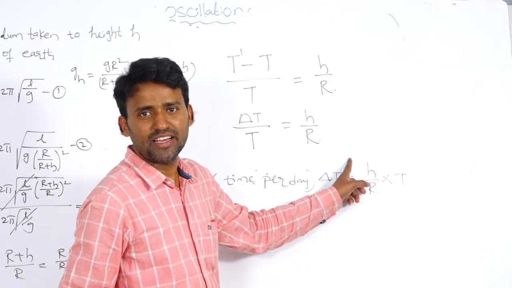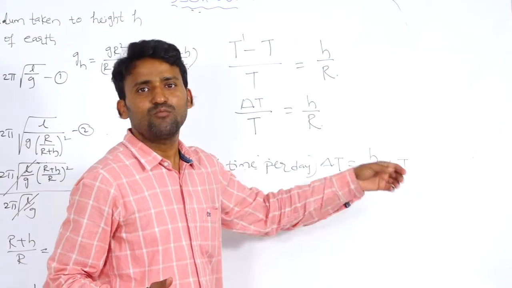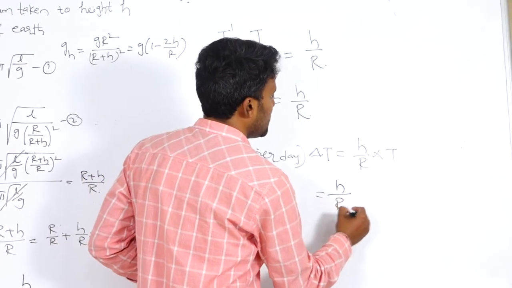H is nothing but the height. What is capital R? The radius of the earth. What is capital T? T per day. How many seconds are there per day?